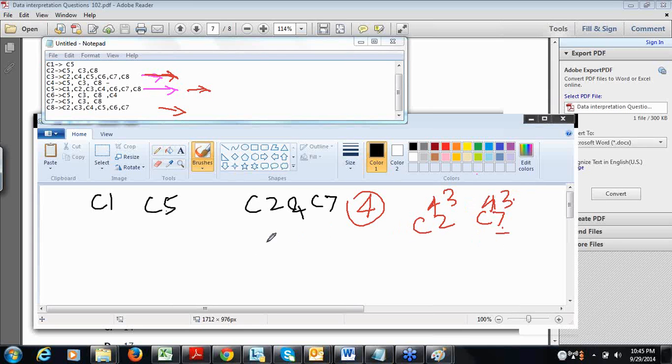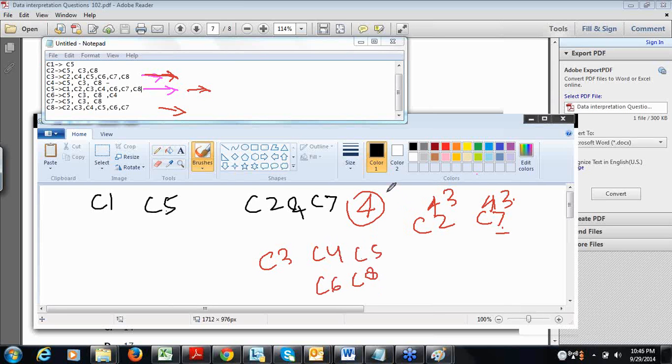So we should avoid C2 and C7 in the region. C1 we have already avoided, so what is left is C3, C4, C5, C6 and C8.